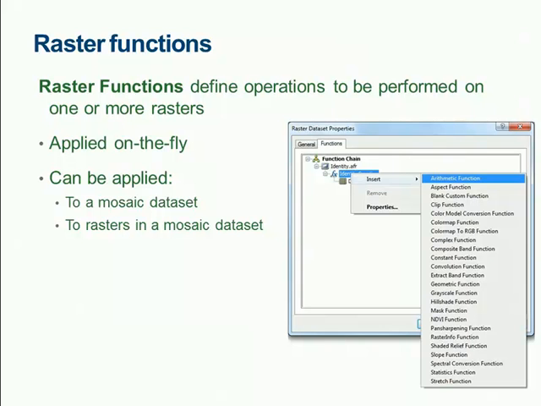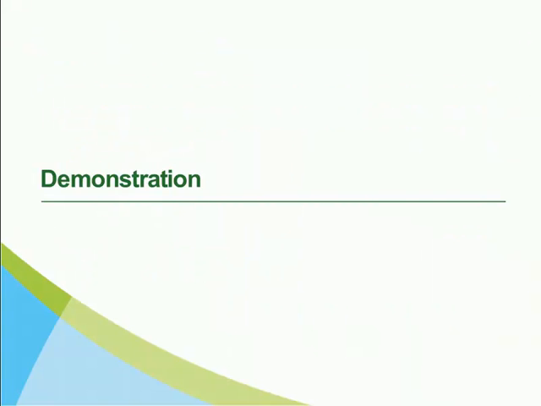I have an example where I've worked with elevation data, and the input data is LiDAR-derived data that's measured in feet, and I used a raster function to rescale that data to meters so that it matches the other data in my multi-source mosaic data set. And as with the raster types, note that custom raster functions can also be created if necessary using the software development kit.